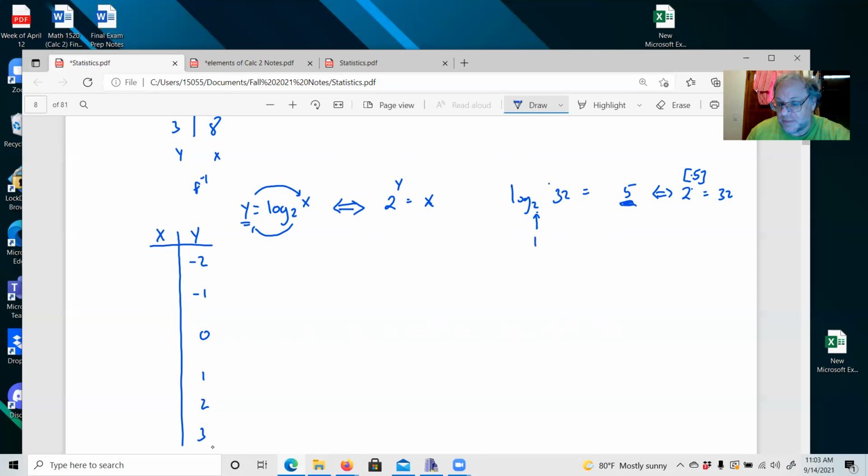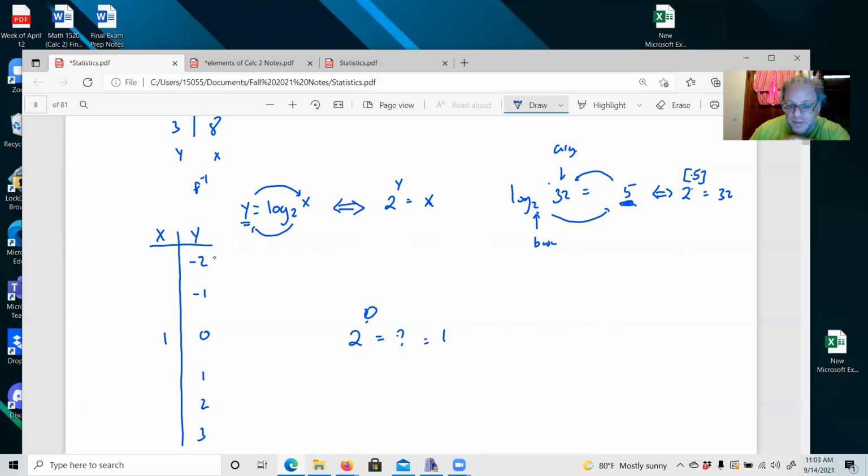So this guy here, this is the base, and this one here is the argument. Okay, so 2 raised to the 5th power is equal to 32. So when I'm looking at this, how about we try this one? 2 raised to the 0 is equal to what? 2 raised to the 0 is 1.